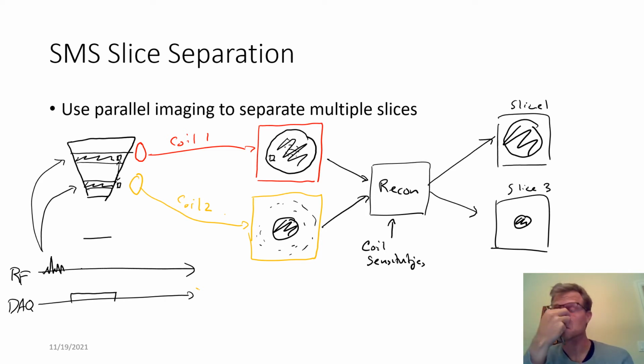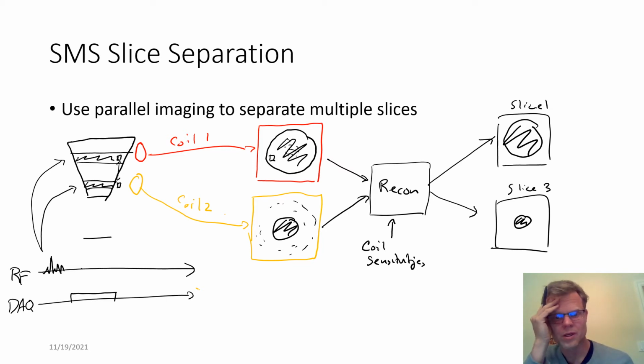Okay, so just like the SENSE method, you can pose this as an unwrapping problem, and we can take these individual coil images. These come from a single scan, right? But they're two slices.